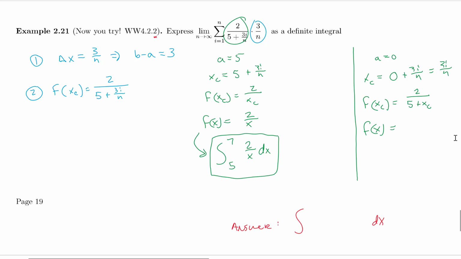So then our integrand is 2 over 5 plus x. And then our integral is from 0 to 3 of 2 over 5 plus x dx. Both of these answers are equivalent, actually, and they're both the correct answer to this particular question. And that's all we're going to do for 4.2.